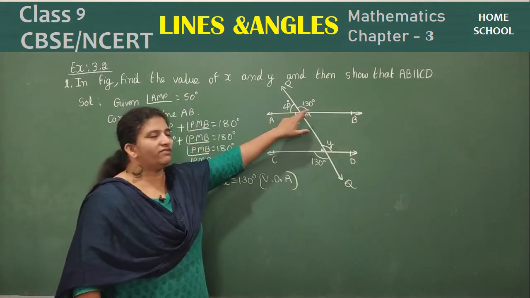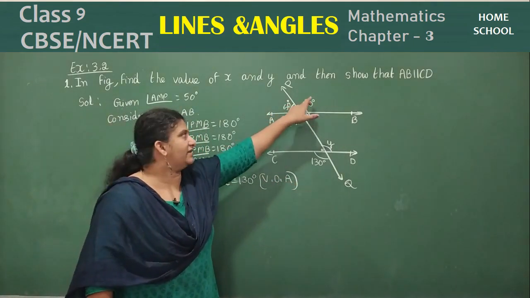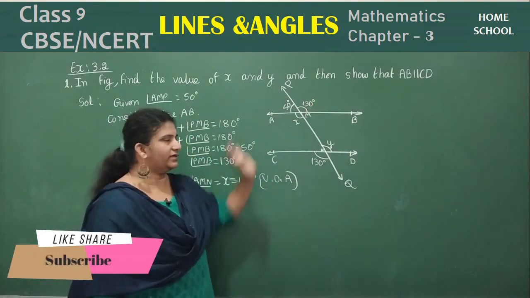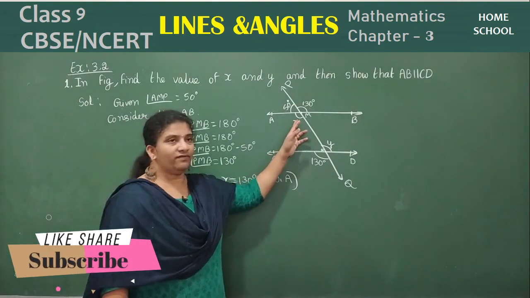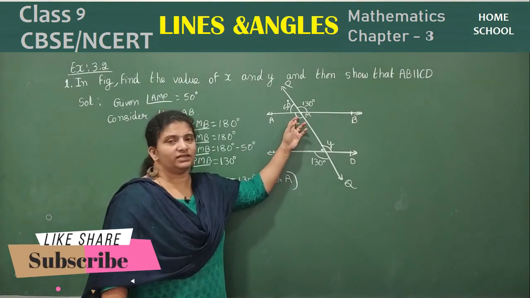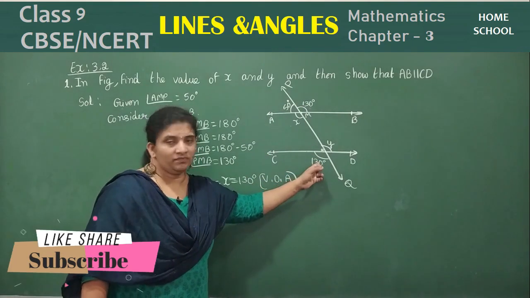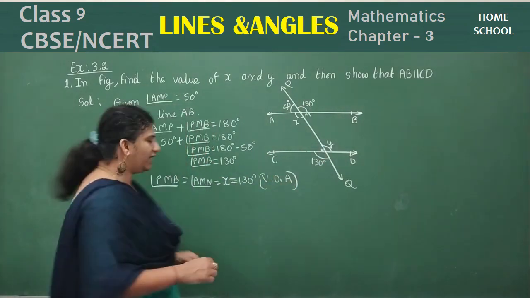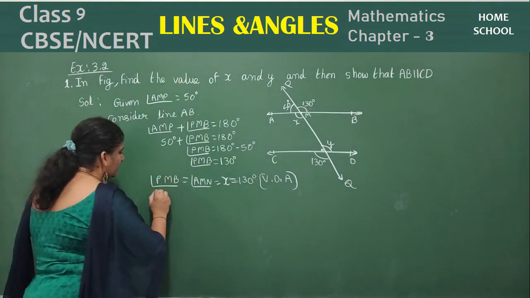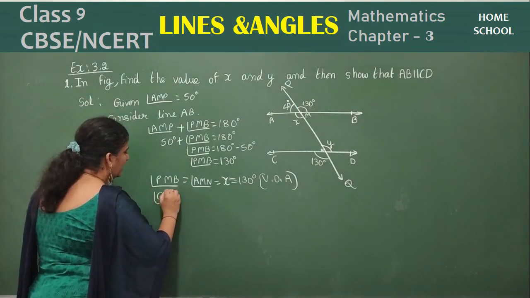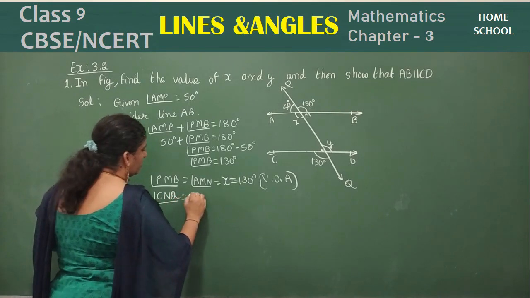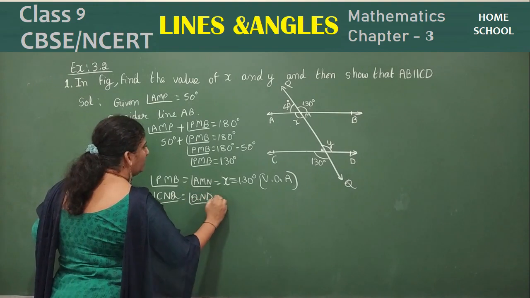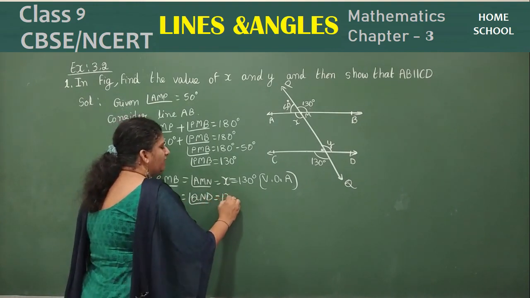So this is 50, 180 minus 50 is 130, and its opposite angle is also equal, 130 degrees. Now come here. This is 130. Its opposite angle is how much? 130 degrees. So now I can say angle CNQ is equal to angle QND is equal to 130 degrees.